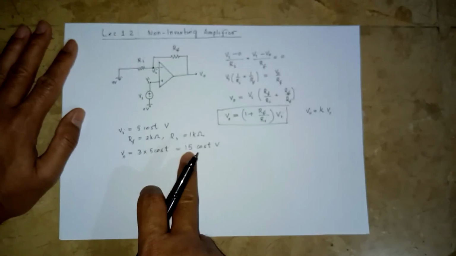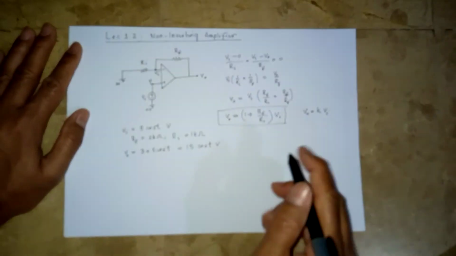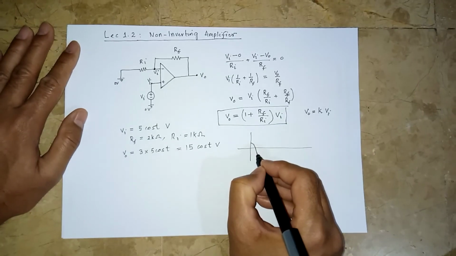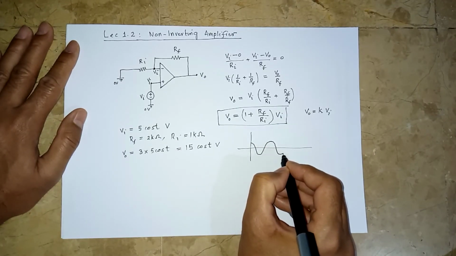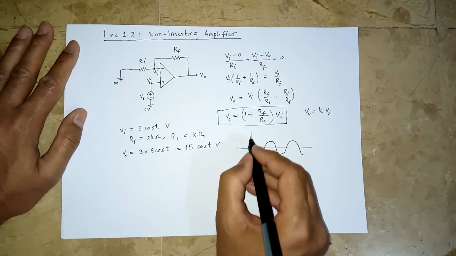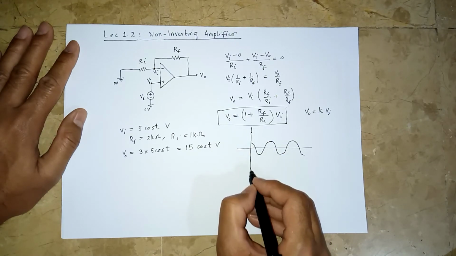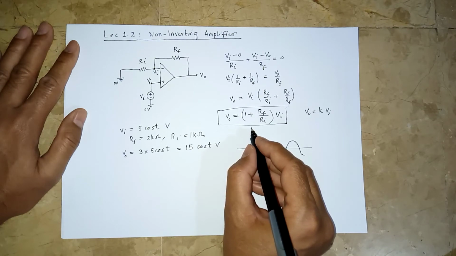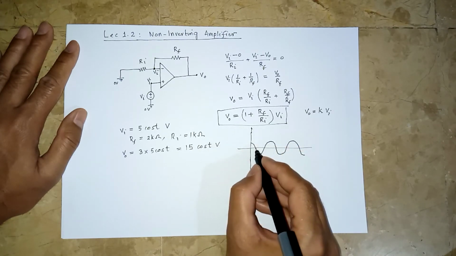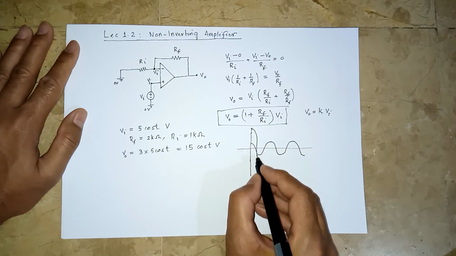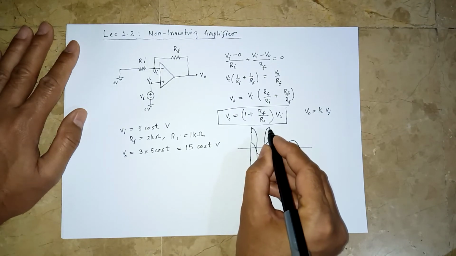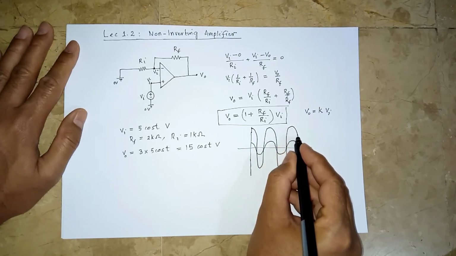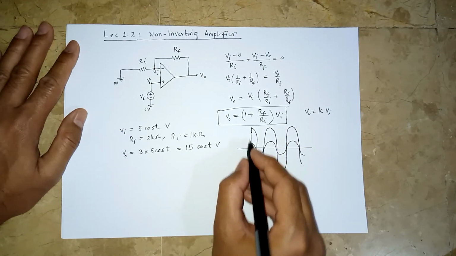However, it's very important that plus minus VCC, the two voltage sources that power the amplifier, must also be larger than this 15 volts, because the output voltage of an operational amplifier can only be as large as plus minus VCC.